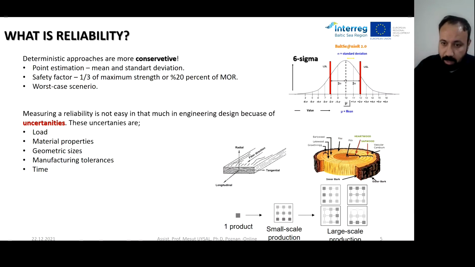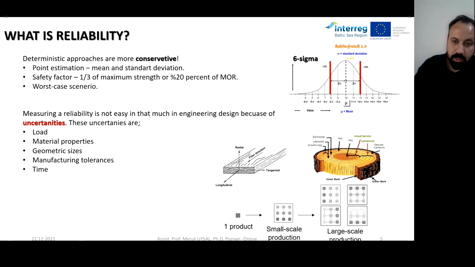But every time they are not giving the same results. There is a difference between them. So if we go to large scale production, the manufacturing tolerances or manufacturing errors increase, and also time is one of our uncertainties.